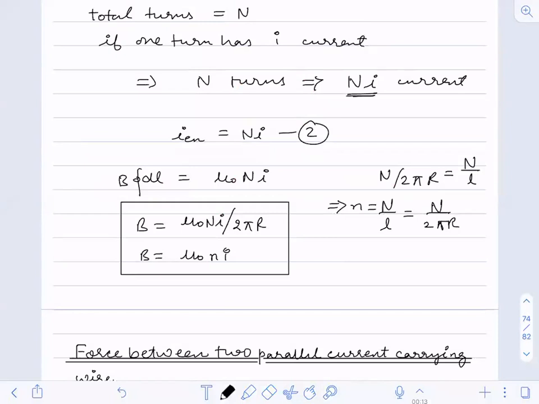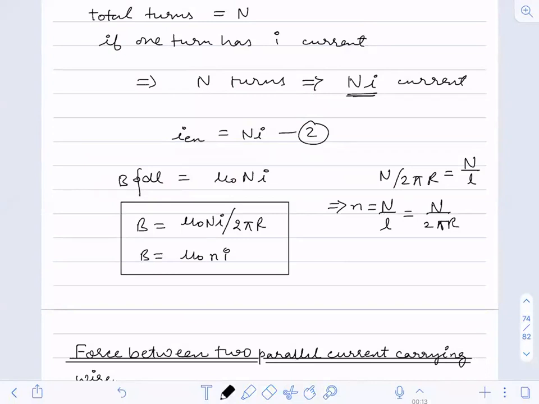Small n will be the total number of turns divided by the length. What will be the length of the toroid? If I cut the toroid and stretch it, what will be the length?